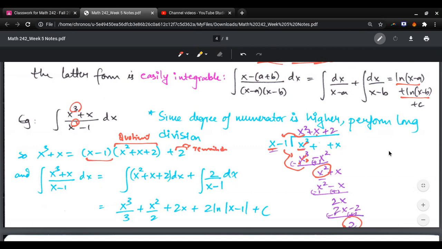That's the same as with numbers, like 31 divided by 4 is 7 times 4 plus 3, because that's 7 3/4, which means it's the quotient times 4 plus the remainder. So this entire expression becomes this, and it becomes easy to integrate.